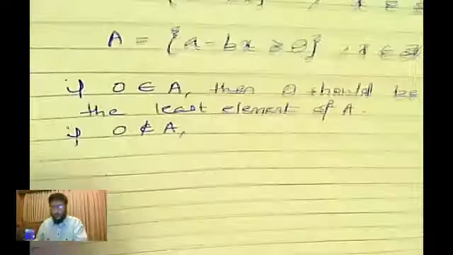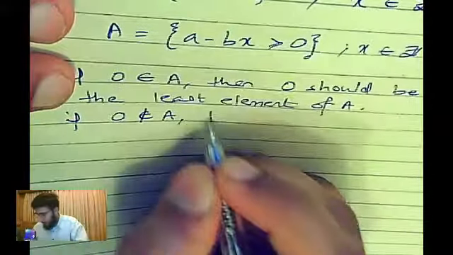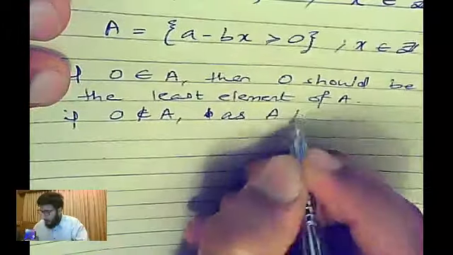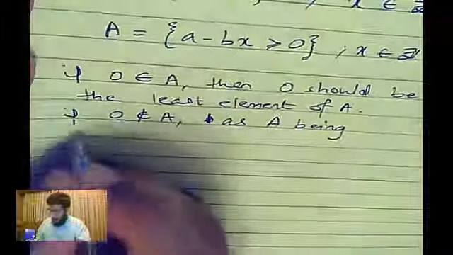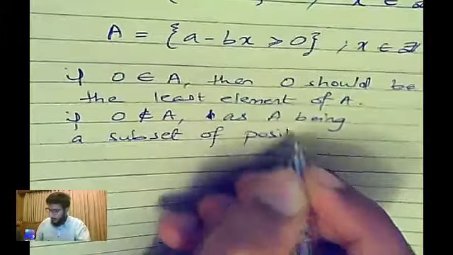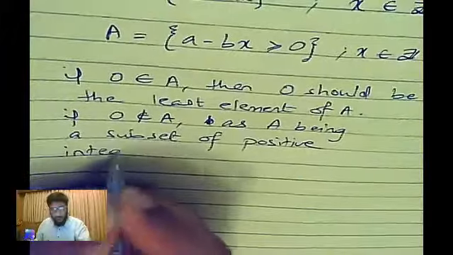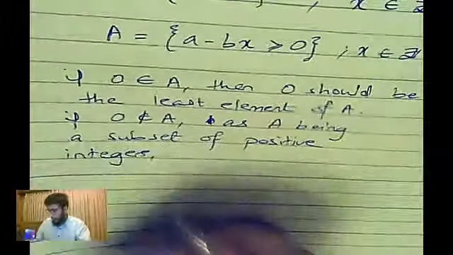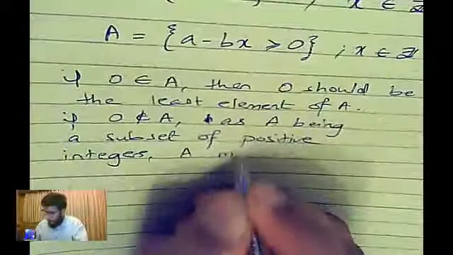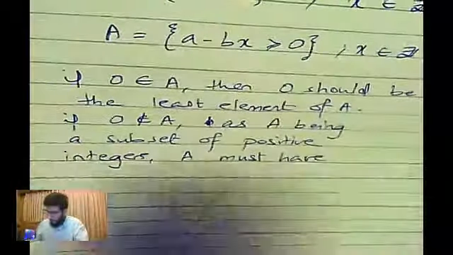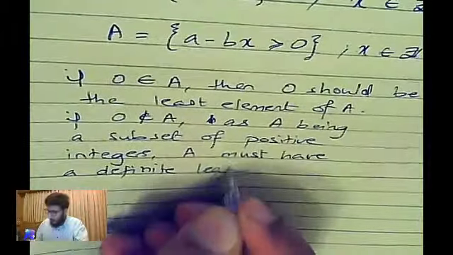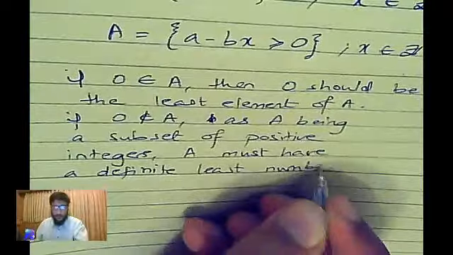So A is the subset of the set of integers. So we can write there, since A is a subset of positive integers, A must have a definite least number.